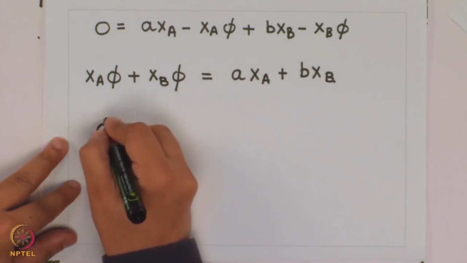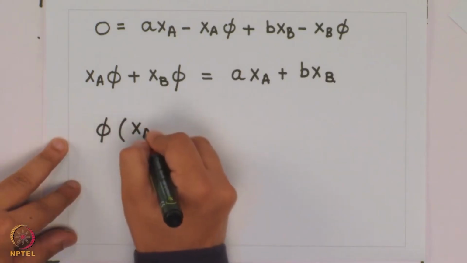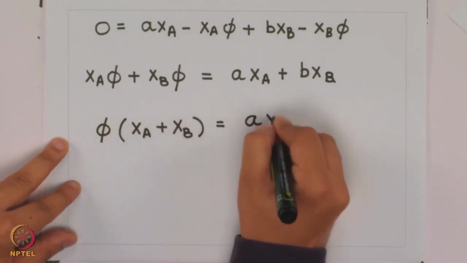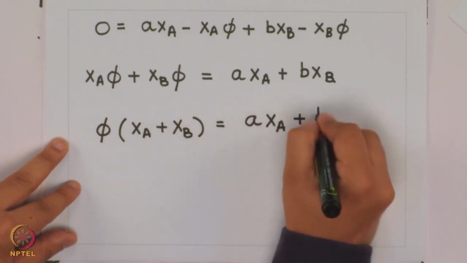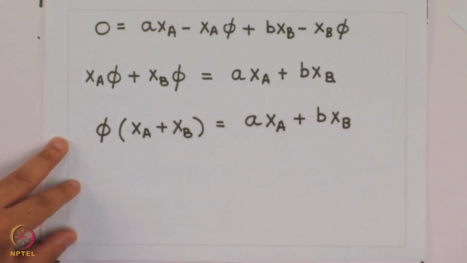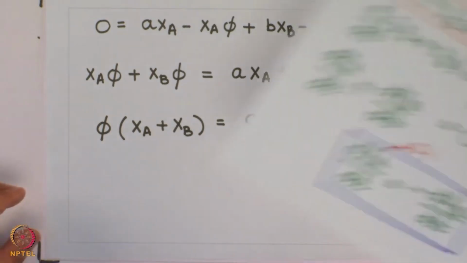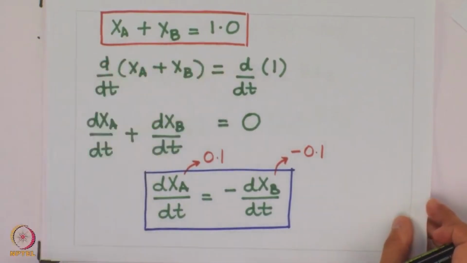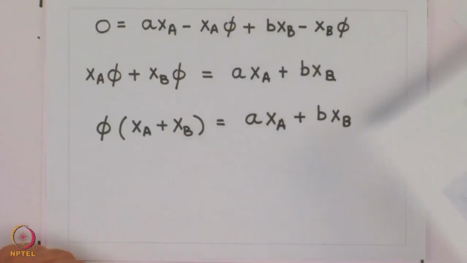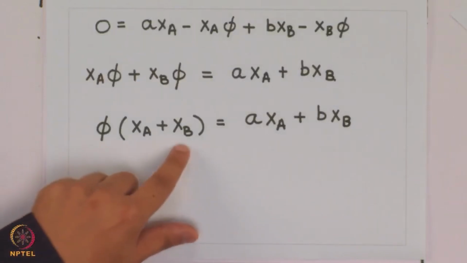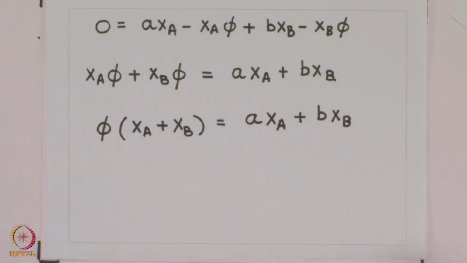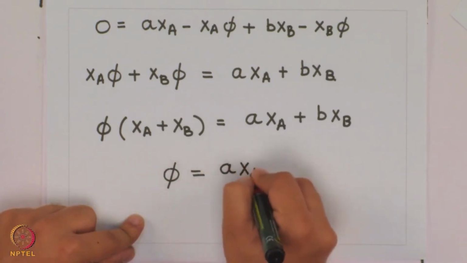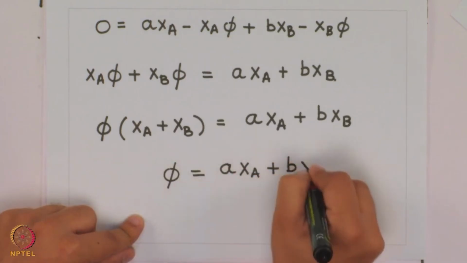This can be rewritten by taking phi common: phi times (xa plus xb) equals a xa plus b xb. But again, let's go back to the two results that we derived 2 slides back. I know that xa plus xb is equal to 1, and I am going to use that result here, because I have already shown that this sum is equal to 1, and hence phi is equal to a times xa plus b times xb.